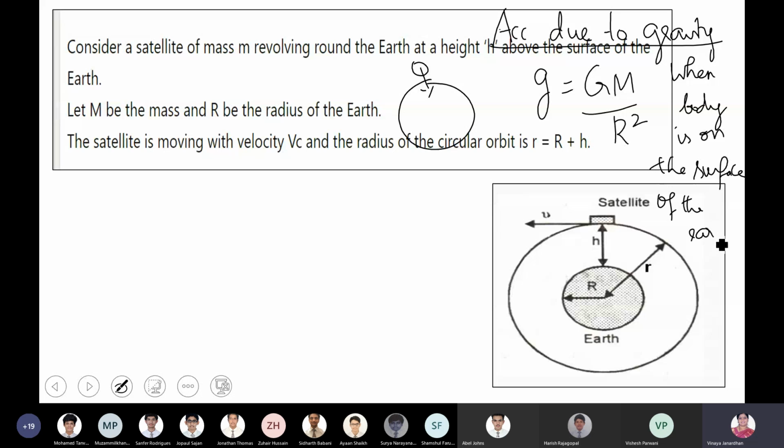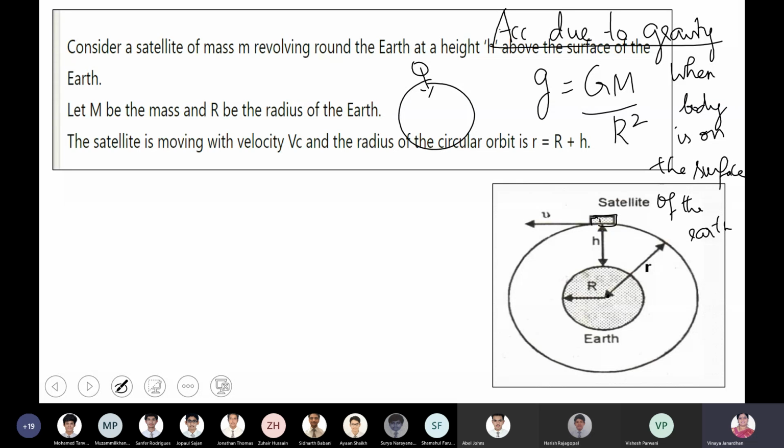Fine. Now look at the other one. Now the satellite is at a height h above the ground. Whenever you measure the distance between two bodies, it's always from the center of one body to the center of the other body.